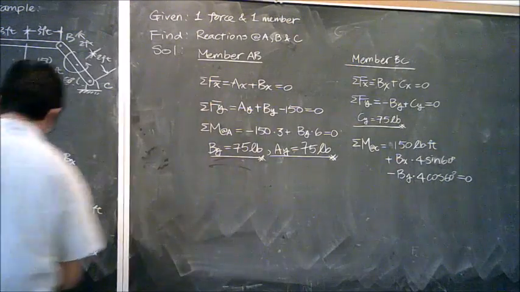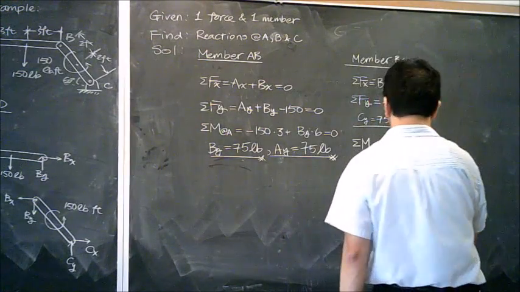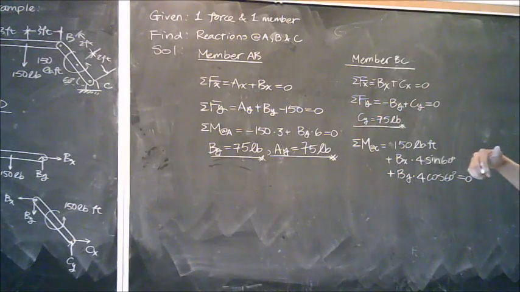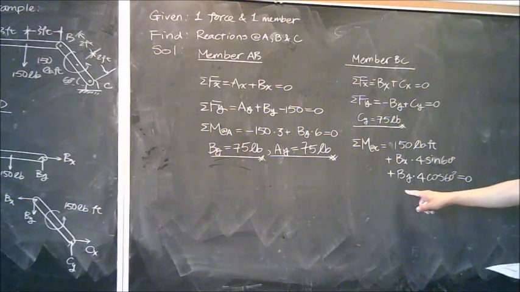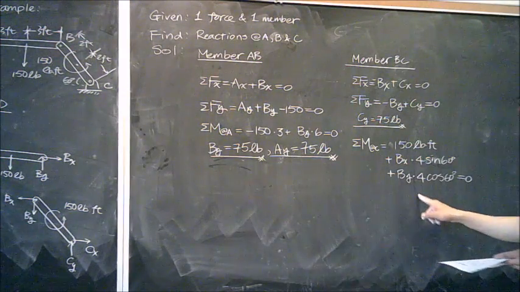Hold on, I made a mistake. So this is positive as well. Do we know By? We do know By from here, right? So this is 75.